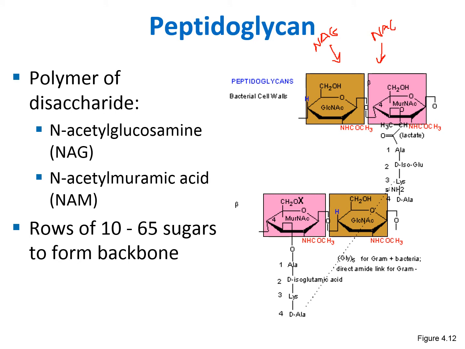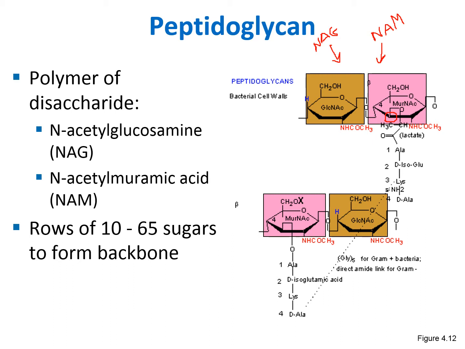They're made in the cytoplasm of the bacterium and then transported out of the bacterium to an area just outside of the cell called the periplasm. As you can probably see from their structures, NAG and NAM look chemically extremely similar. The only difference is here at carbon number 3, we have a bond that goes from the NAM molecules, and attached to that bond is a chain of amino acids.